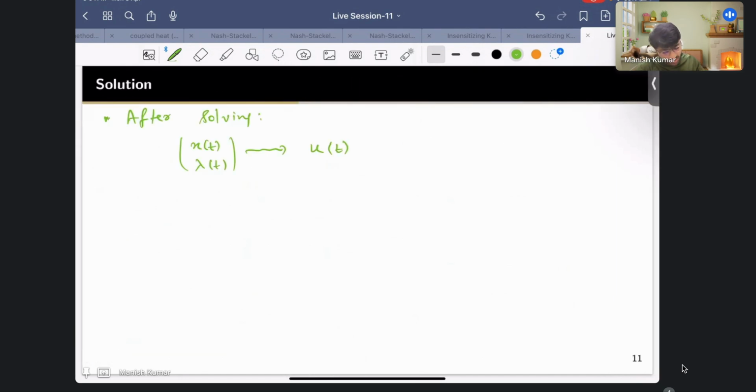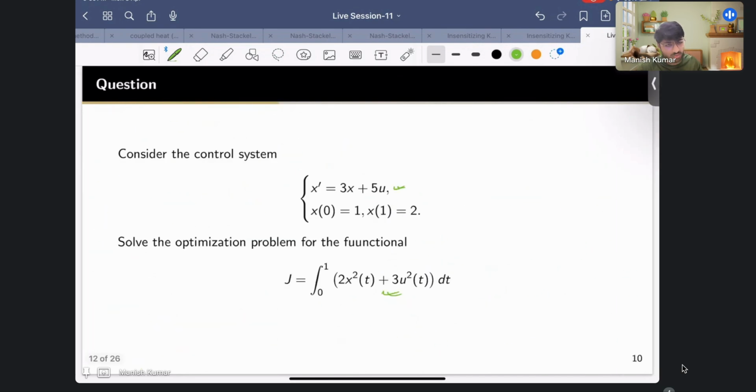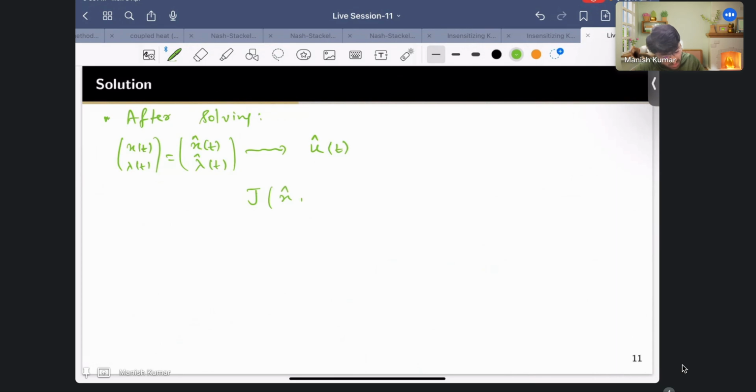Now the x of t and u of t, let me denote by some symbol, x hat, lambda hat, and using this you can get u hat. So this is the optimal one. Now when you substitute in this J, over here we had x square and u square, so J of x hat and u hat will have the minimum value.